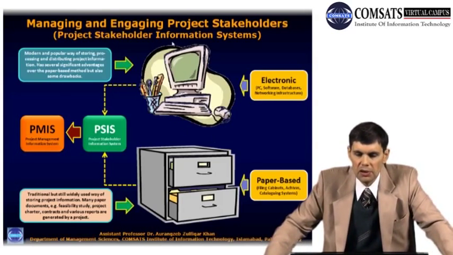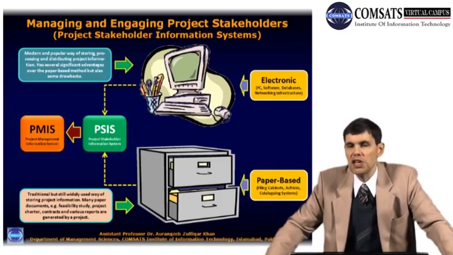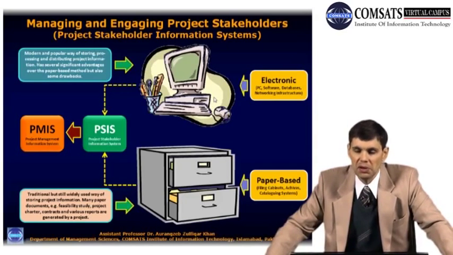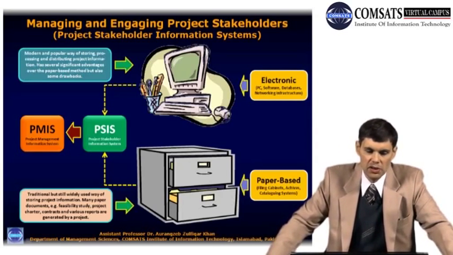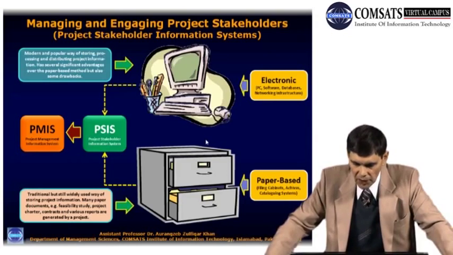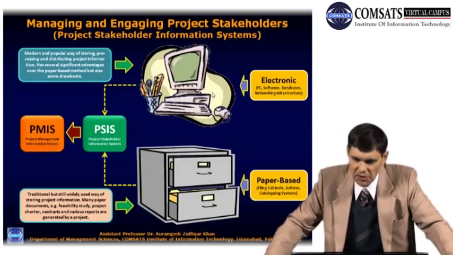Nowadays we use a lot of information communication technology, computers, laptops, networks, database systems. This is a modern and popular way of storing, processing and distributing project information. It has several significant advantages over the paper-based method, but of course it also has its drawbacks, and we'll also be looking at that in a later class.